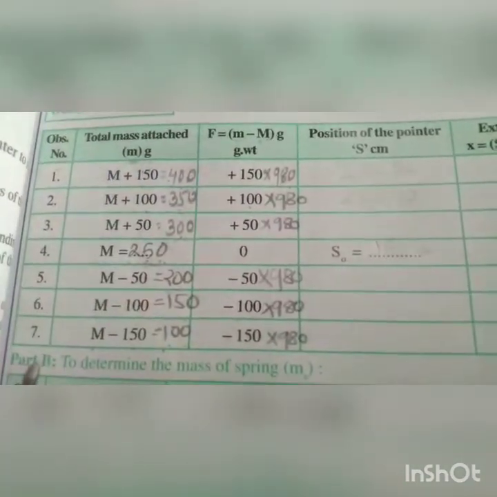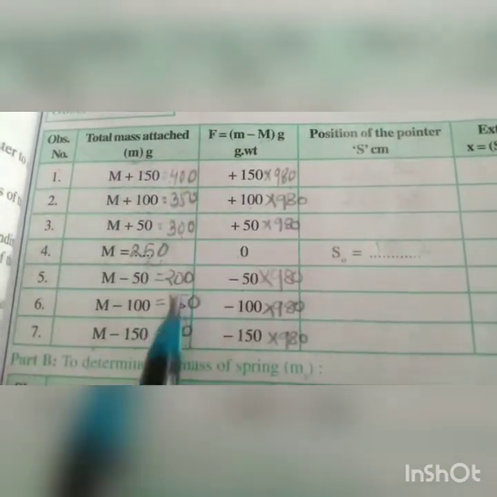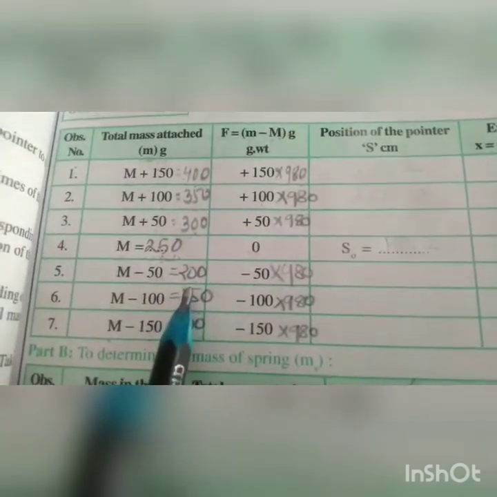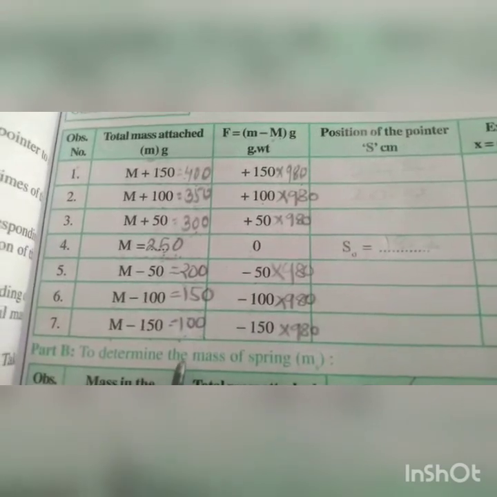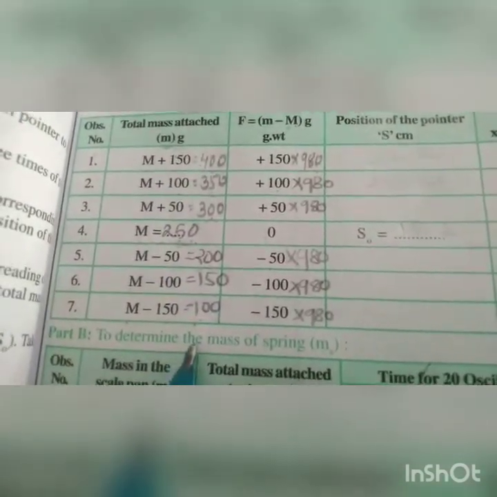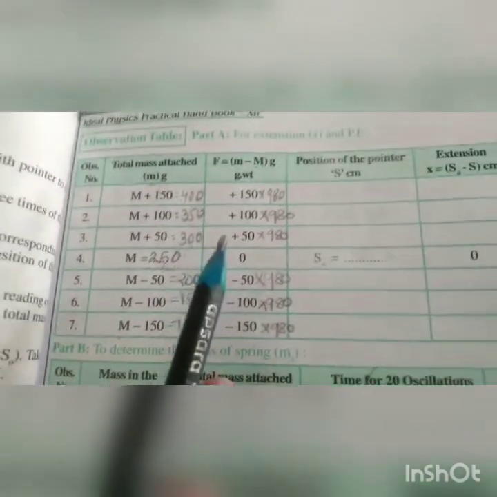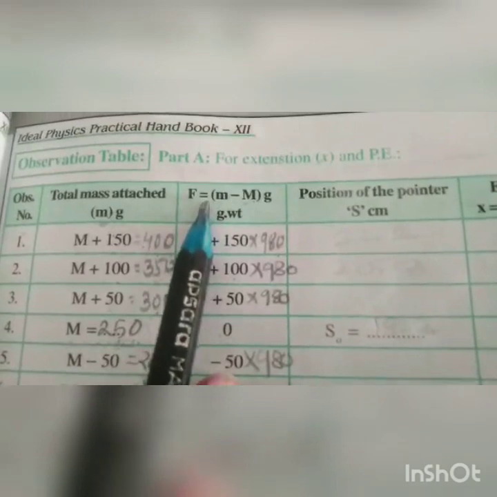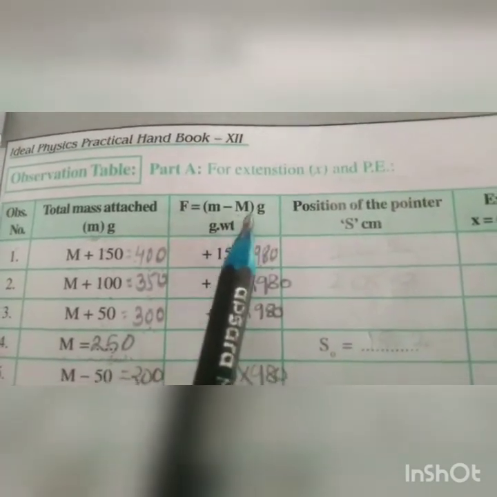Capital M is 250, small m is like this: 400, 350, 300, 250, 200, 150, 100. For each step we reduced 50 gram mass. Now coming towards the second column, capital F is equal to small m minus capital M into g.